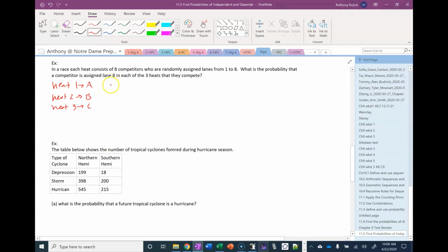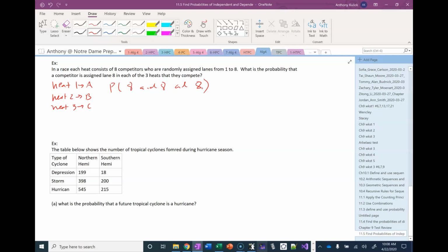So we want the probability of lane 8 and getting lane 8 again, and then getting lane 8 again. The question becomes, are these lane assignments for these 3 heats independent or dependent?